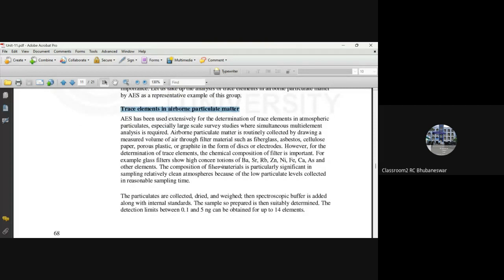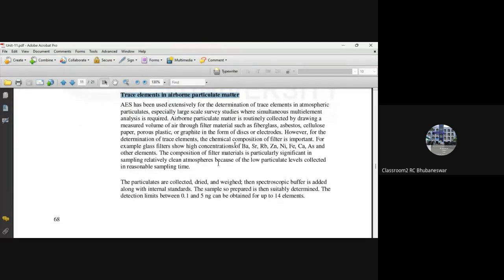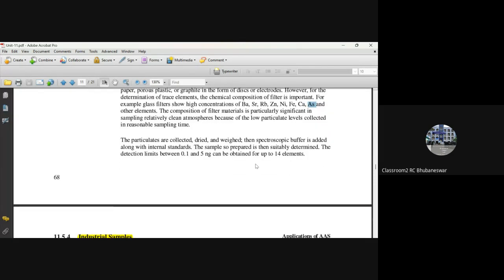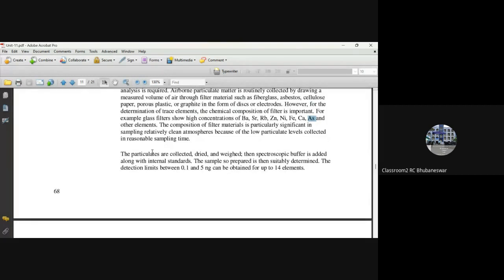High concentrations of barium, strontium, arsenic can be studied. So various things you can do, but as I was telling you, you have to go through some sample techniques: you have to collect it, dry it, or wet it, or add some buffer solution or some chemical solution.